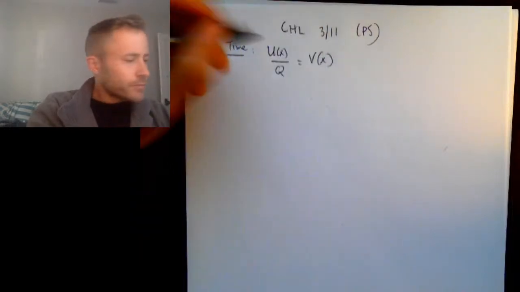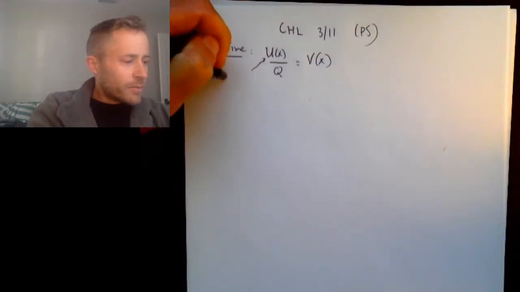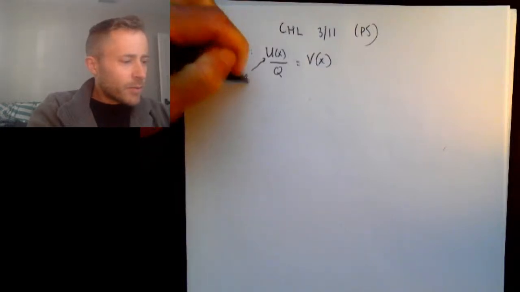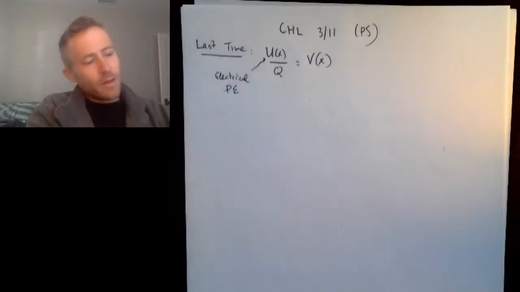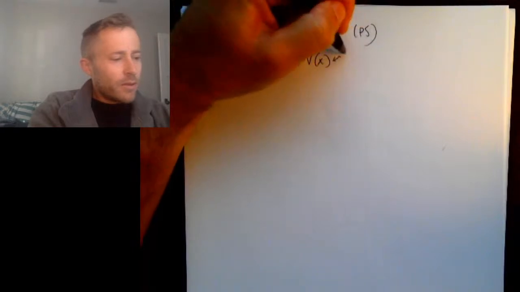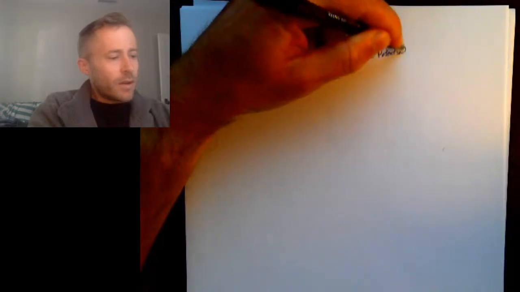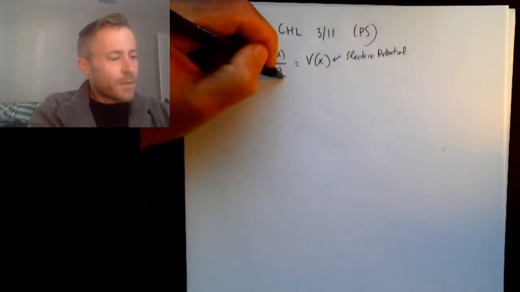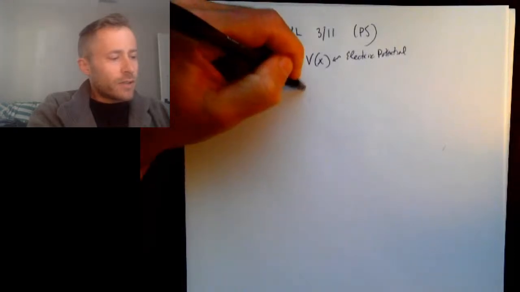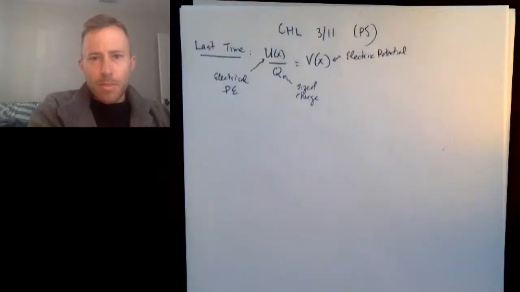So U of x is the electrical potential energy. V of x is the electric potential. And Q is the size of the charge. Okay?